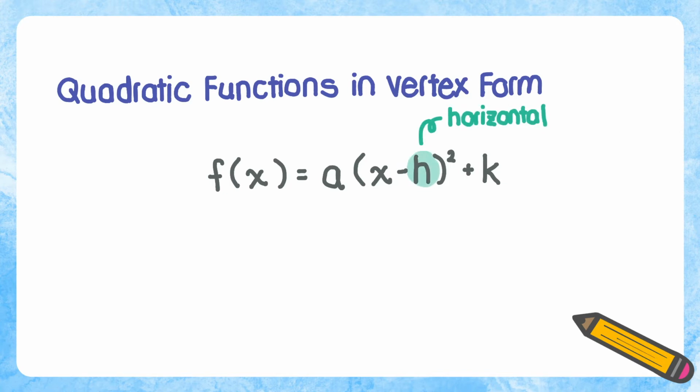So h gives us the horizontal translation. It tells us whether to go left or right. And k gives us our vertical translation. It tells us whether to move up or down.